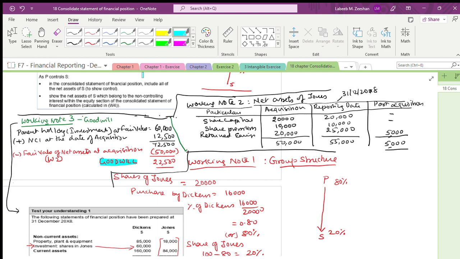What is the value of the assets at the date of acquisition? 50,000. We are paying 72,500, the value is 50,000. We are paying more, 22,500. That 22,500 is otherwise called goodwill.